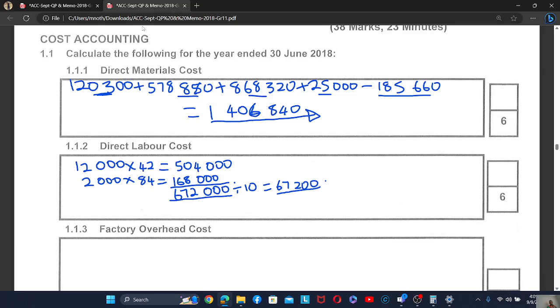And then we can minus it to find the 9 workers. But from here we don't even need to minus this. We just multiply by 9, because we know that direct labor is 9 workers. If you minus it, it will still be the same.